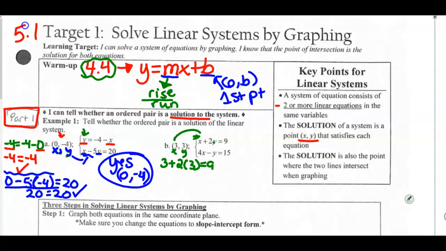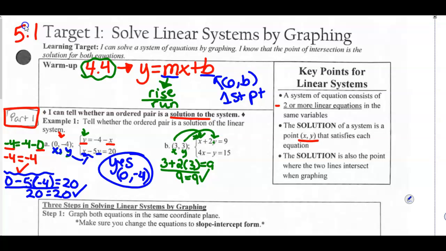All I did was plug these values into my equation. And I'm going to use my calculator, again, just one big long string of numbers and operations. 3 plus 2 times 3, 9 equals 9. So this first one does check out. It's correct. It's a solution for the first one.